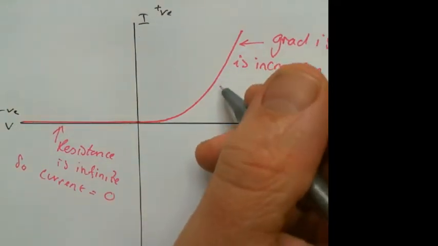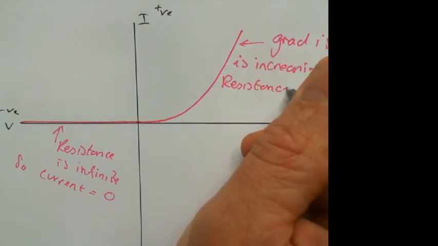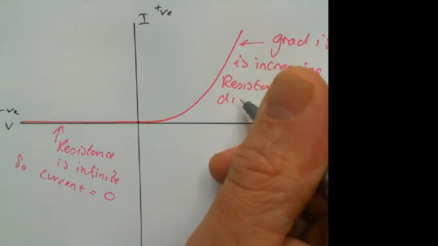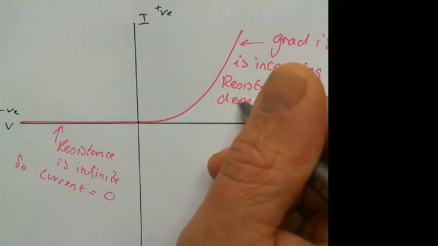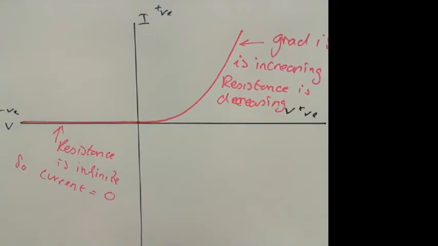So we know that the resistance is decreasing. Okay, gradient is increasing, so resistance is decreasing.